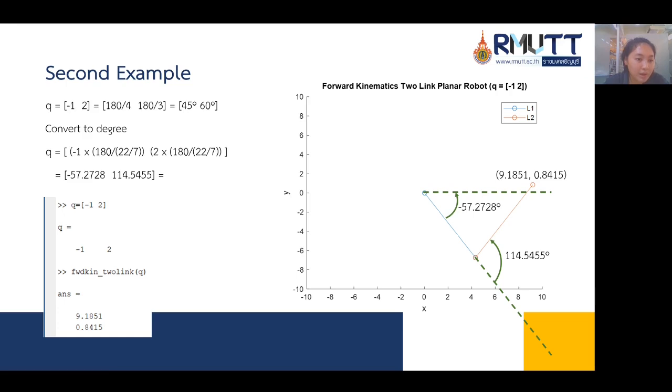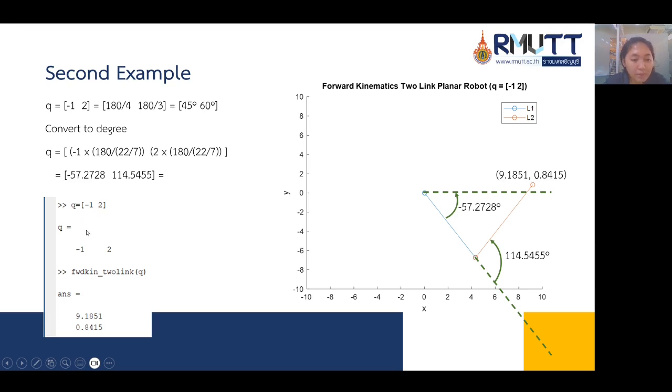The first element of Q is -1, which in degrees is minus 57.2728, and the value of 2 is the same as 114.5455. I'm sorry, this is not used in here. Just use the value of the matrix with the elements -1 and 2.